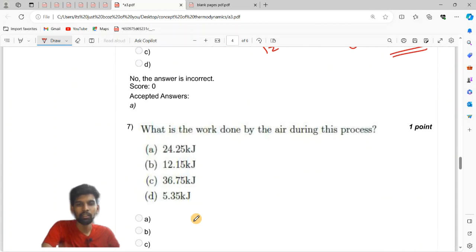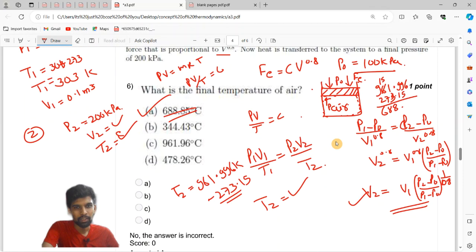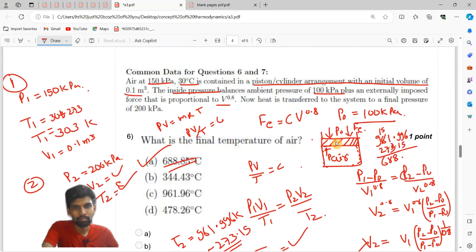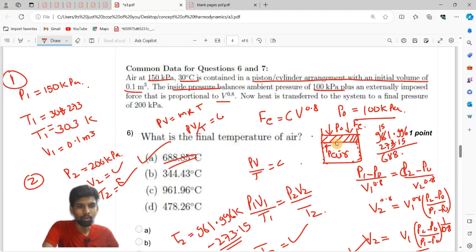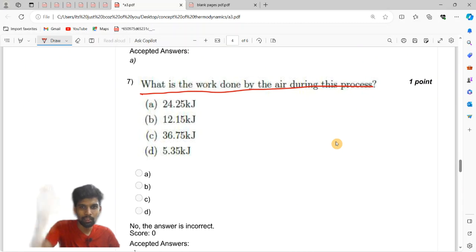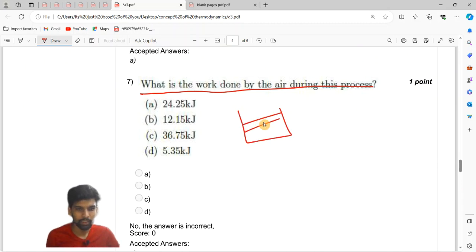Then the next question is, what is the work done by the air during the process? Since, as I mentioned in the above question, the piston is freely floating at atmospheric pressure, the process will be constant.